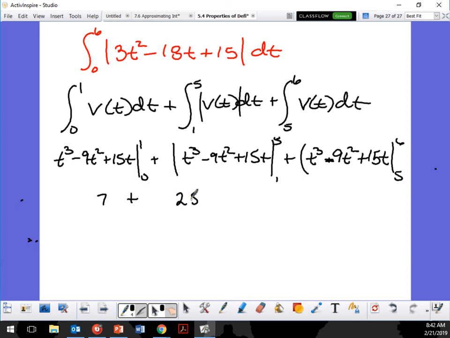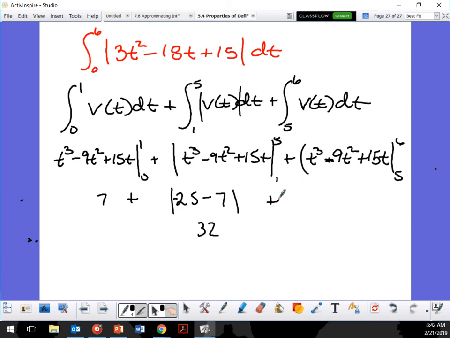And minus 7 because we're plugging in 1. So it's negative 25 minus 7, and so that's going to give me a positive 32.